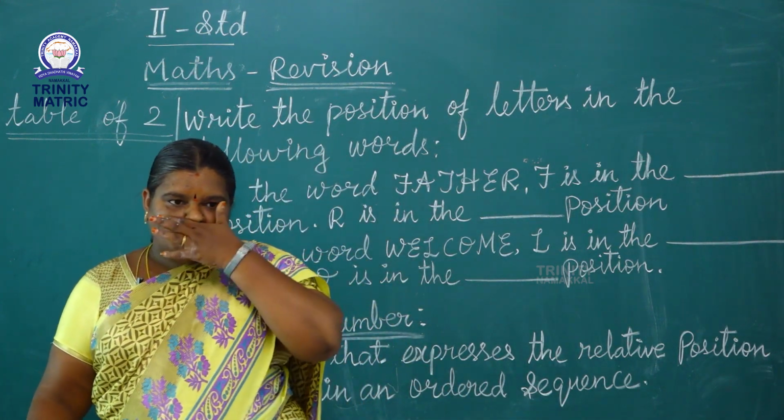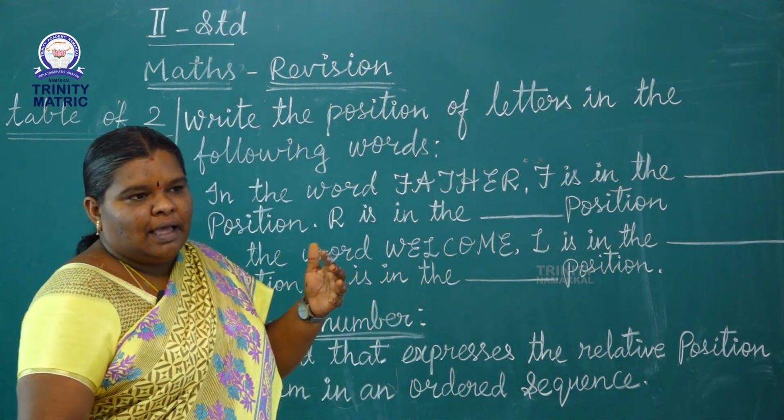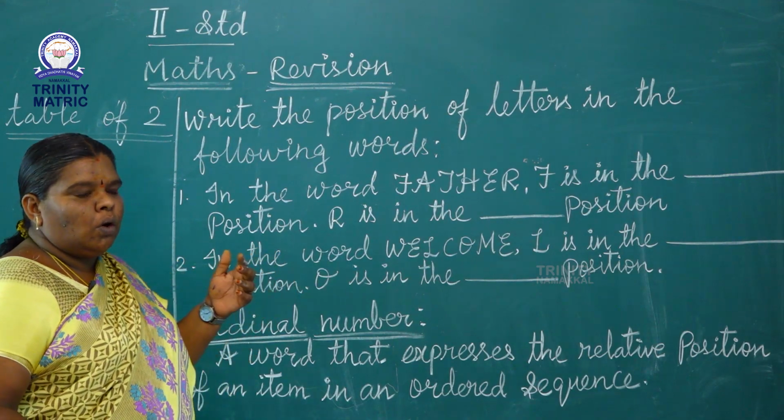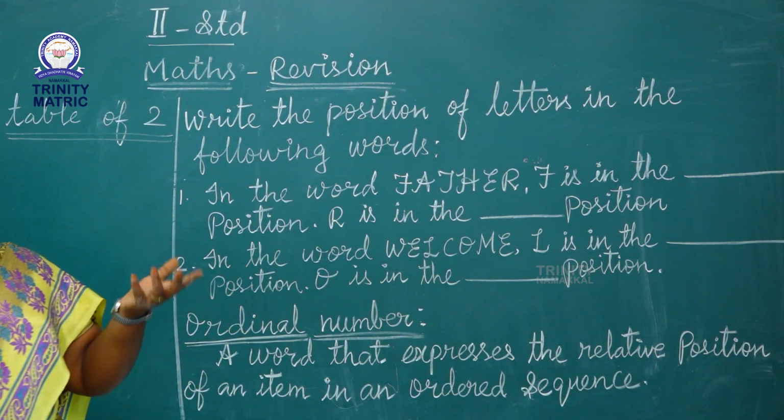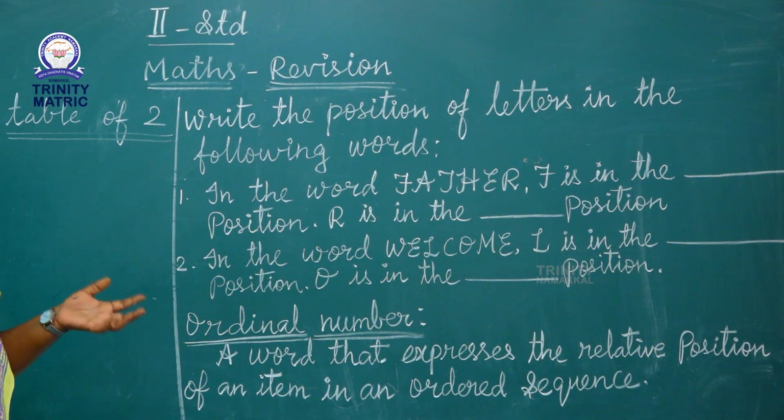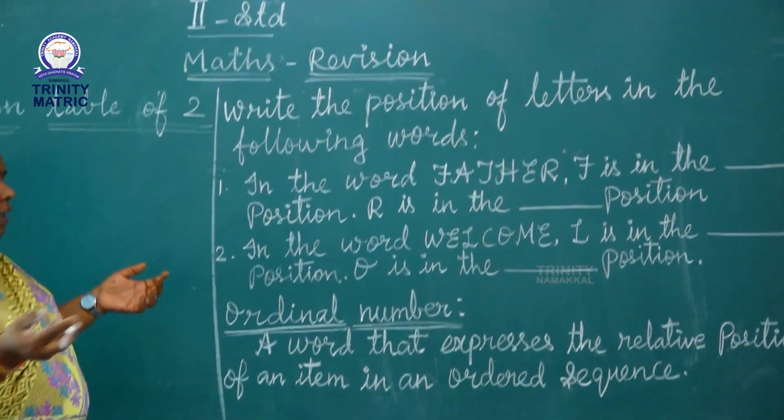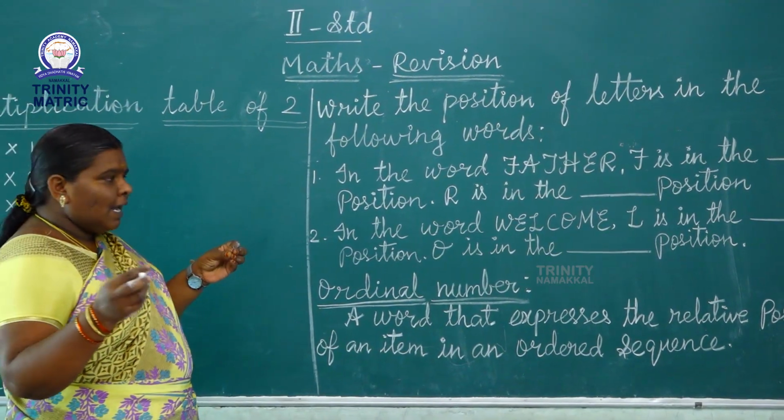Students, so many competitions are conducted in our school. You got more prizes. Yes, first prize, second prize, third prize. You got it. Those are the ordinal numbers.